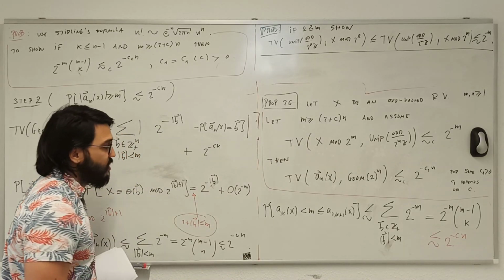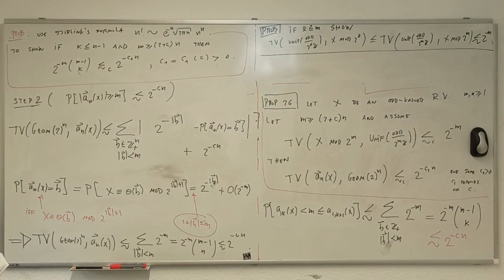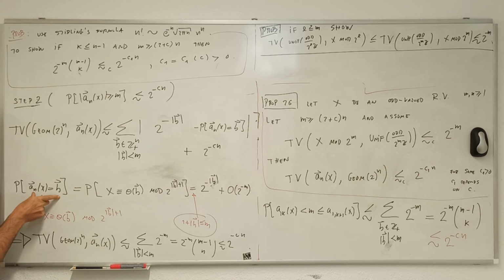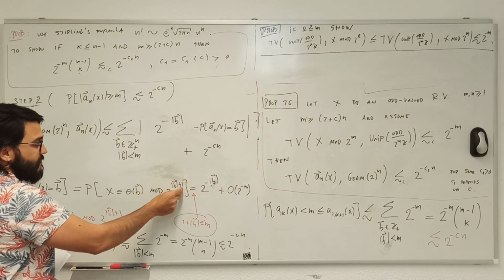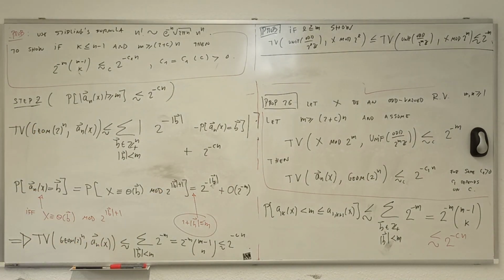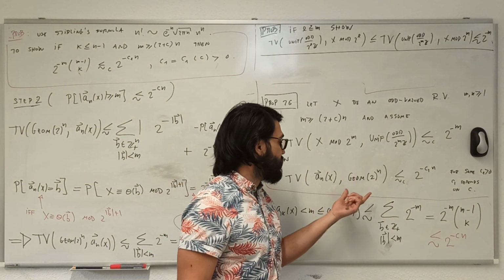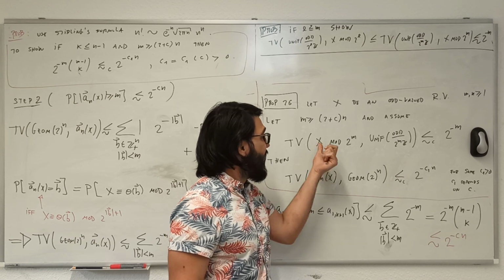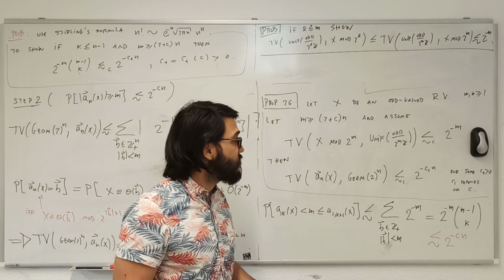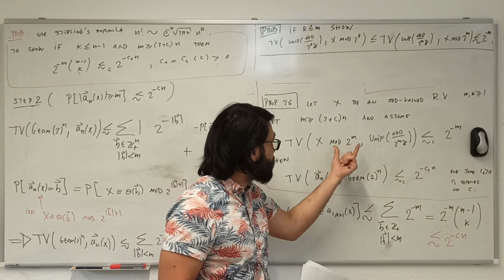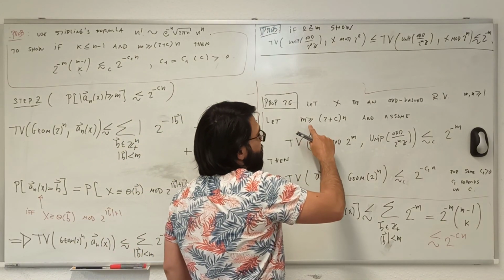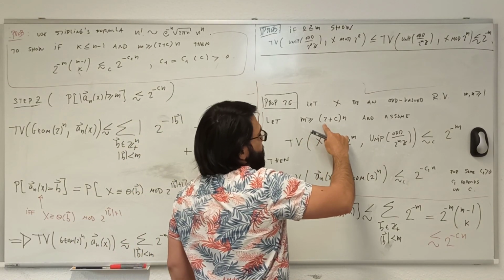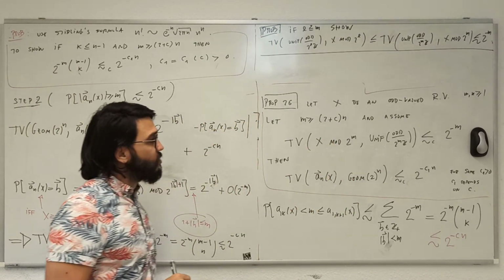So the key part was just the fact that once b is given, the solution of this is exactly one residue class modulo 2 to the modulus of b plus 1. Okay, and once you know that, you can compare the geometric distribution with an of x once x is uniformly distributed over the odd numbers, at least if it is in some large residue class. And how large? Well, m has to be greater or equal than, a little bit bigger than 2n, for that to be true.